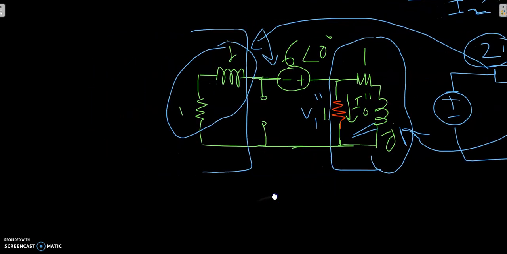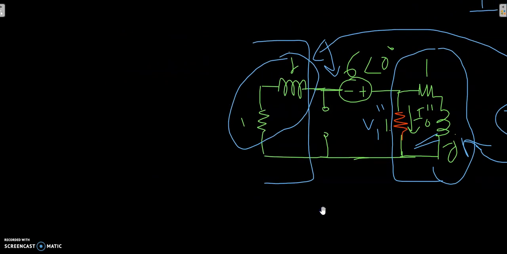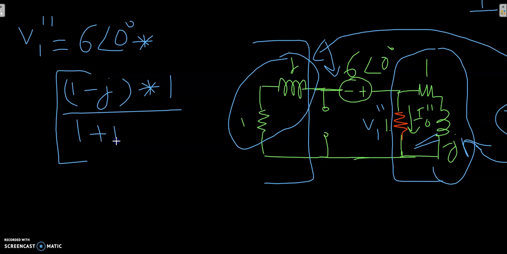So let's try to find out V1 double dash. V1 double dash is basically equal to 6 angle 0 degrees times 1 minus j into 1, divided by 1 plus 1 minus j.